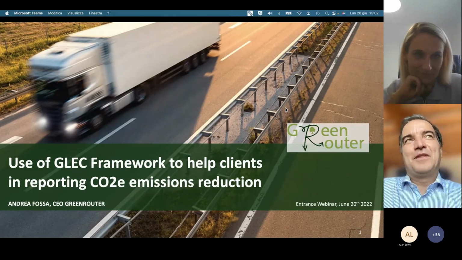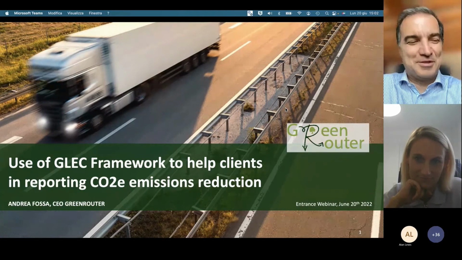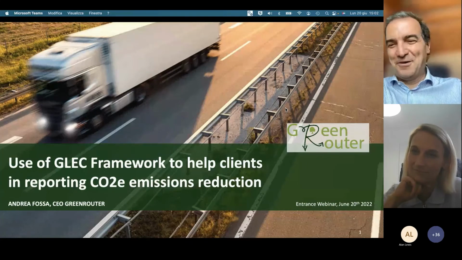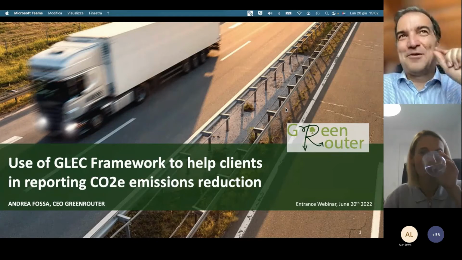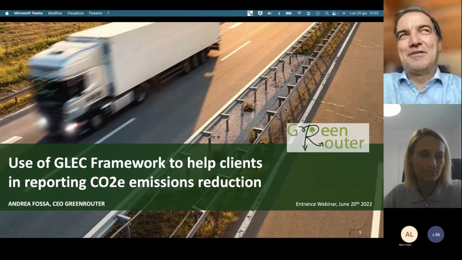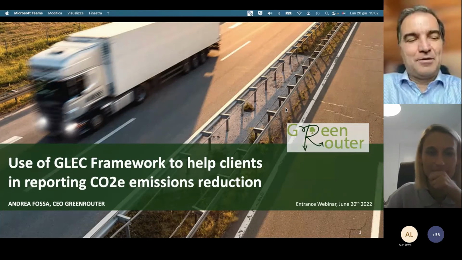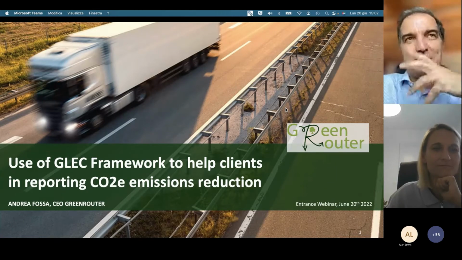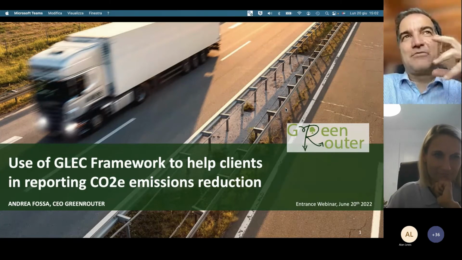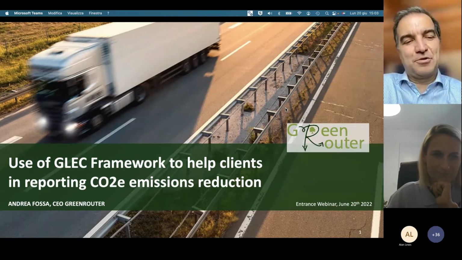Of course, as always, Alan's presentations are crystal clear. So I encourage you to read the Glec framework, which is a bit long, but very effective when you read it. We'll see in a minute what we are working on as a calculation tool and platform for decarbonization in transport.